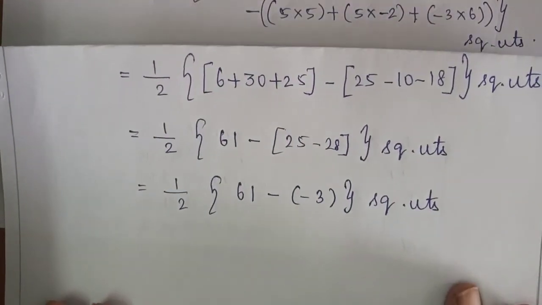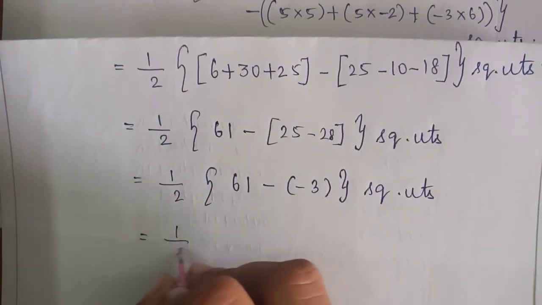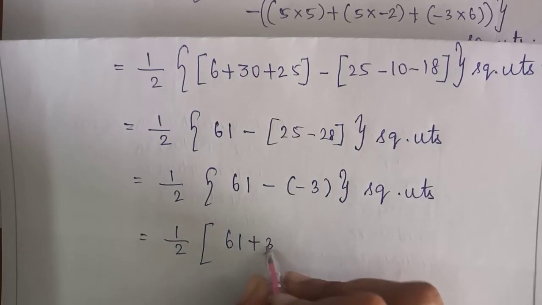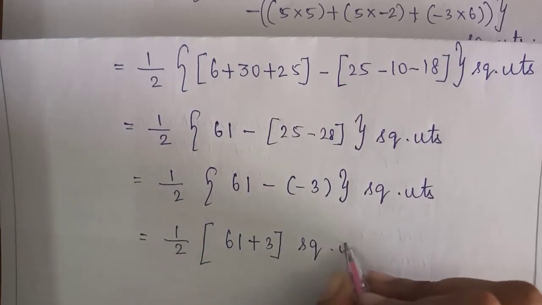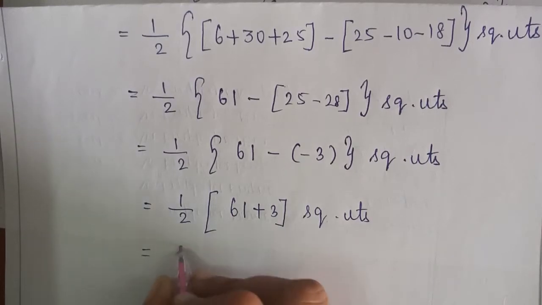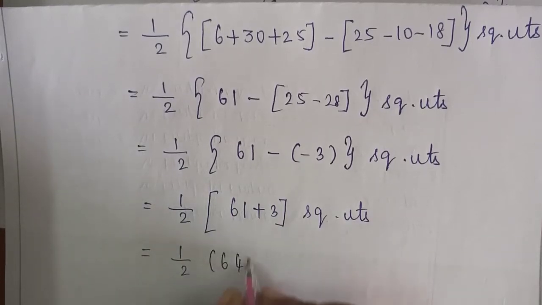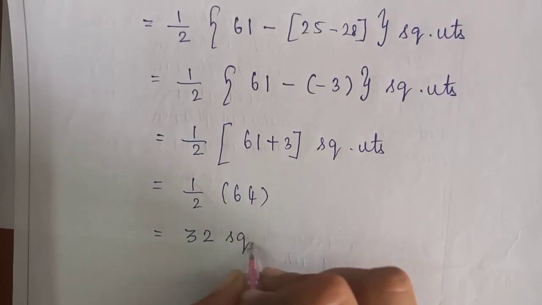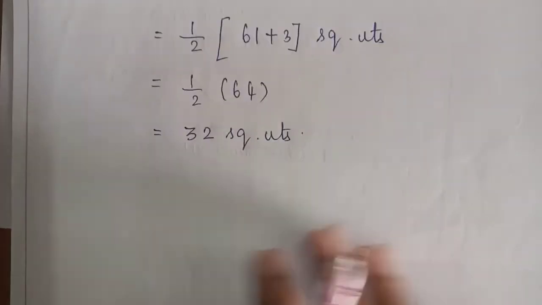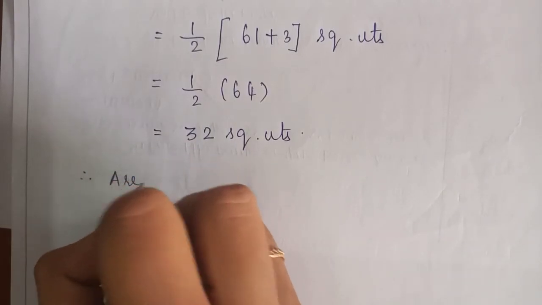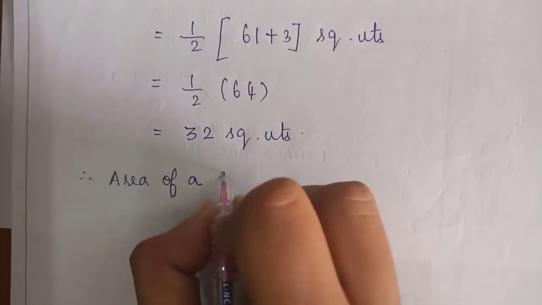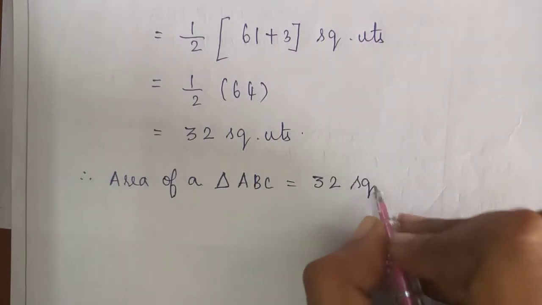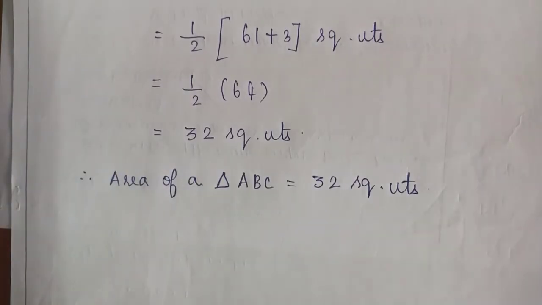Then the next step, which is equal to 1 by 2 into 61 minus into minus plus 3 square units, which is equal to 1 by 2 into 64, which is nothing but 32 square units. Therefore, area of a triangle ABC is equal to 32 square units.